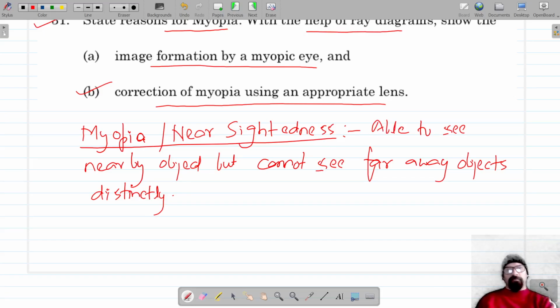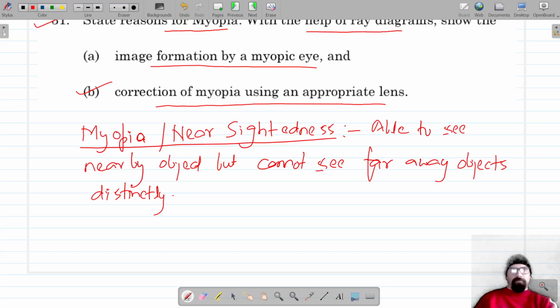And this is because your far point is nearer than infinity. Let me show you how. I will draw a ray diagram to show you that.